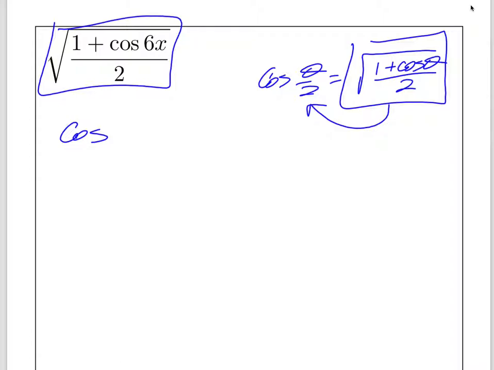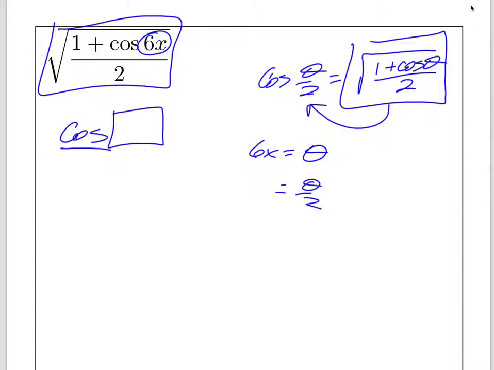What's in this spot in the formula? Theta is, so that means theta equals 6x. And then what's in this spot on the cosine? Theta over 2. So what do I need to do to both sides to get theta over 2? Divide by 2.